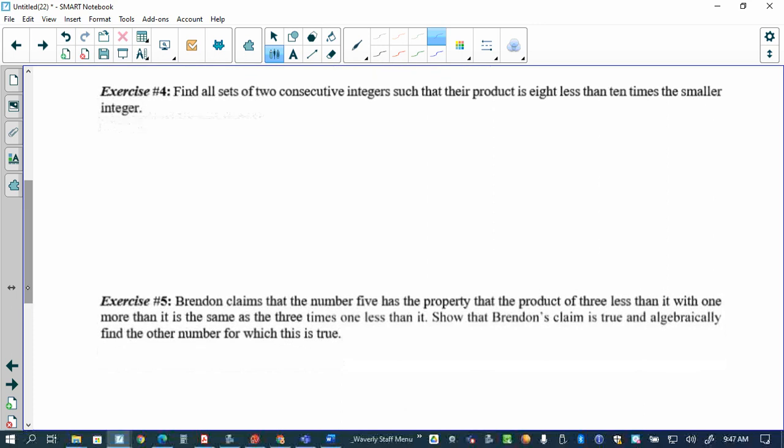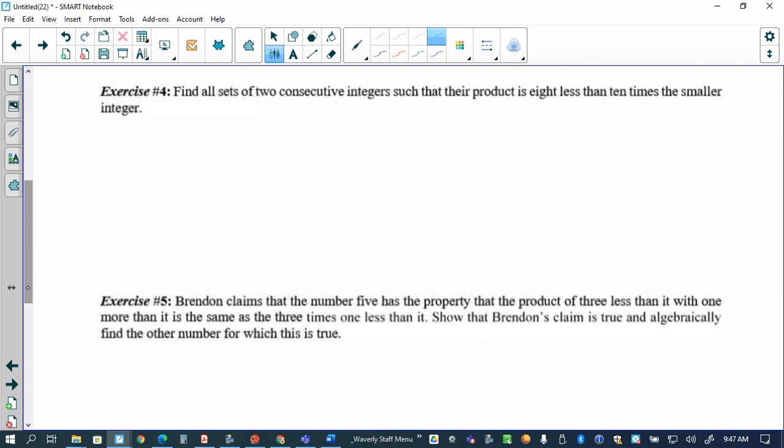Read that over. What do they want us to find? 2 consecutive integers, right? So let's start with that.